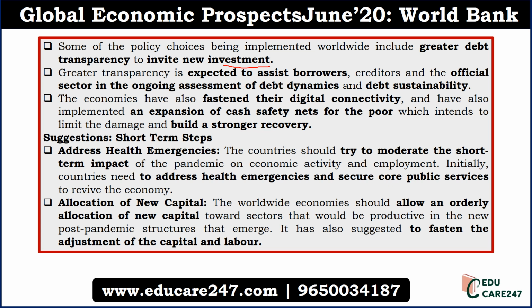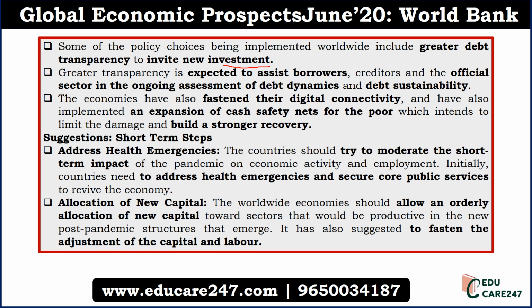They have also fastened digital connectivity, because people cannot come into contact, but digitally they can connect, and they have also expanded the cash safety net for the poor. The poor are heavily impacted because of this COVID crisis, so they have expanded the cash safety net for them. So these are the steps some countries have taken.